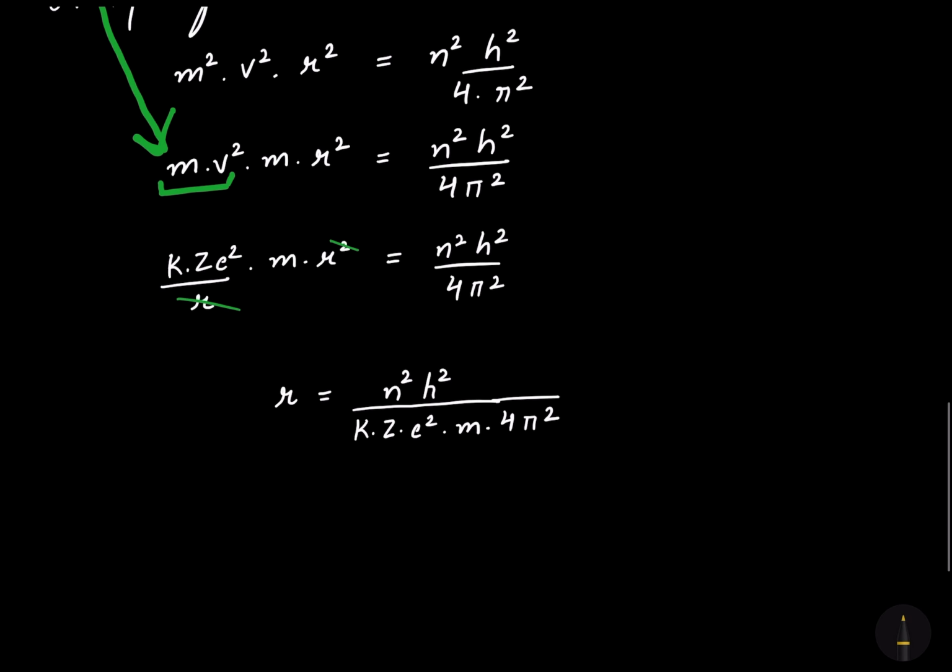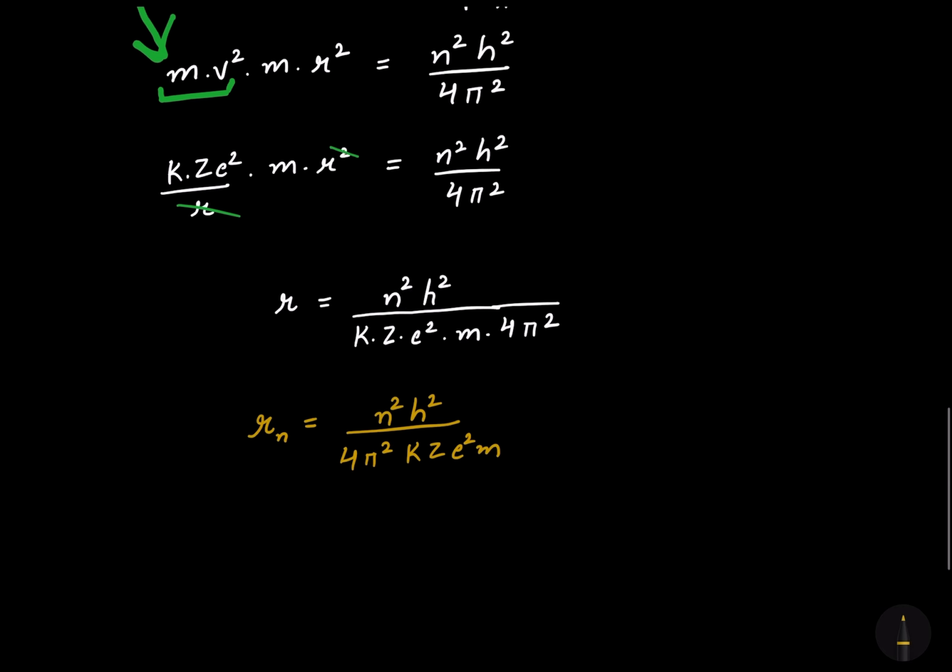So this is the exact formula for the radius of the nth orbit: n square h square upon 4 pi square k z e square m. This is the formula for the radius of the stationary orbit in which the electron will revolve.